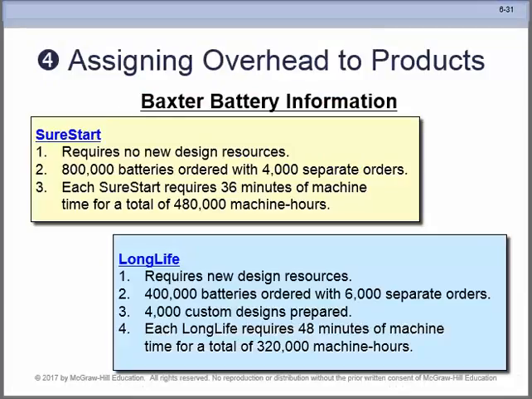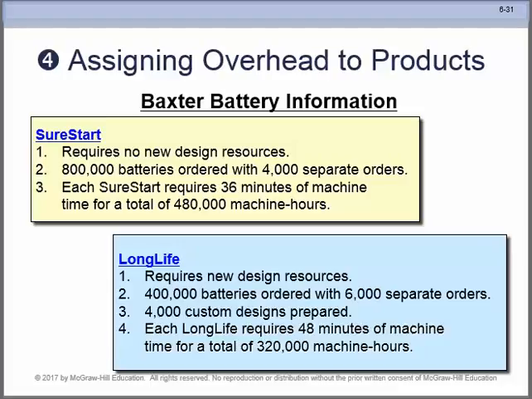So, just to give you something concrete to work with. Sure Start battery requires no new design resources. This is an existing product line. Nothing new needs to be done with it. 800,000 batteries are ordered on 4,000 separate orders. It doesn't say that they're all equal orders, but that's the numbers we have.